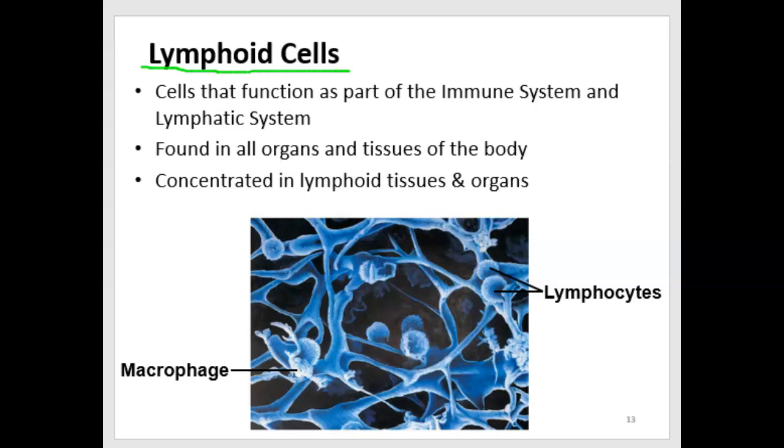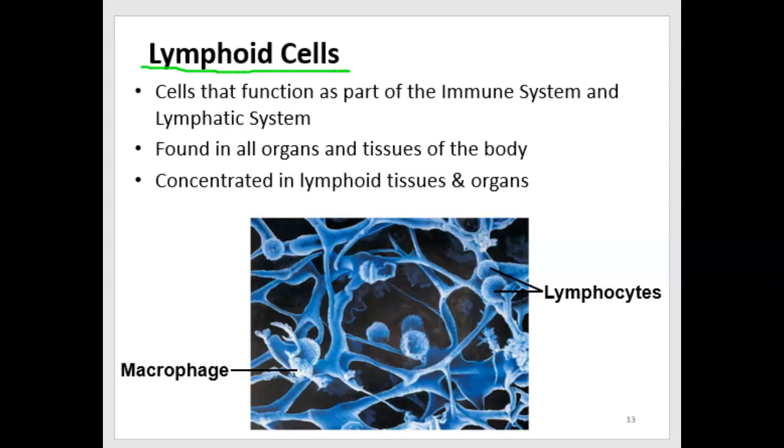Two of these cells are shown in this photomicrograph, a lymphocyte and a macrophage, well, two lymphocytes and a macrophage. Notice that both of these cells are located on a network of reticular fibers. We just call them reticular fibers.